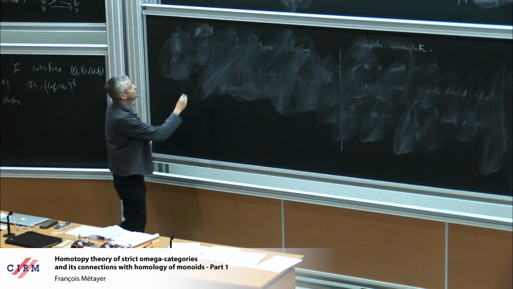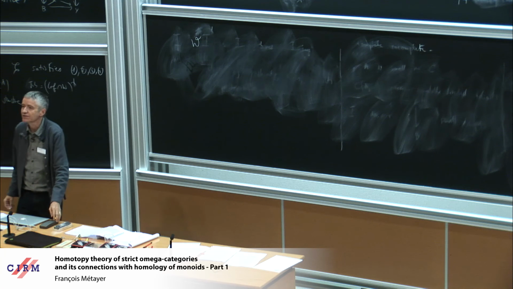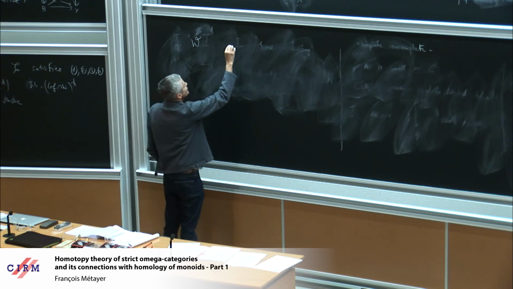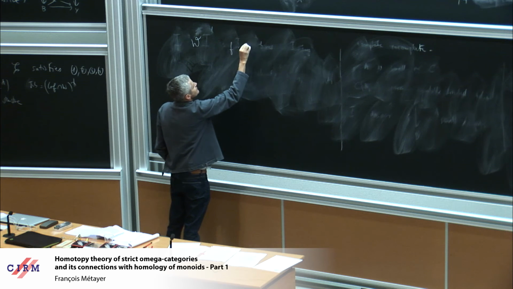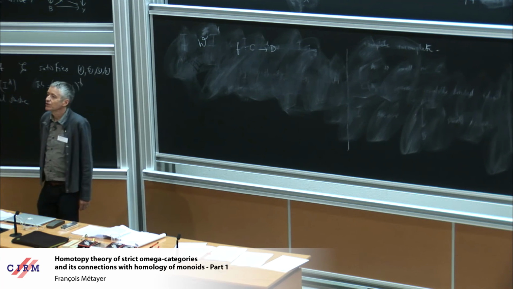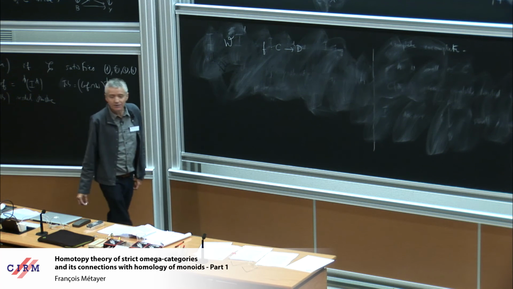Okay, now it's time to define W, the weak equivalences of our model structure. We say that F from C to D is a weak equivalence if the following holds.